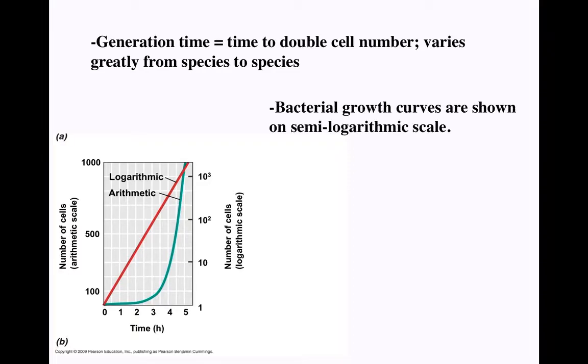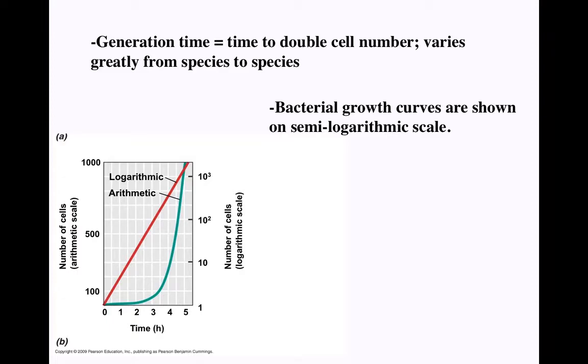So bacterial growth curves are typically shown on a semi-log scale. If you look here, you have two different ways that you could plot bacterial growth over time on the x-axis. You could plot it on an arithmetic scale, where this binary division goes from 1 cell to 2, 4, 8, 16, 32. And you recognize that as those numbers get larger and you double them each time, you're eventually going to reach this asymptote.